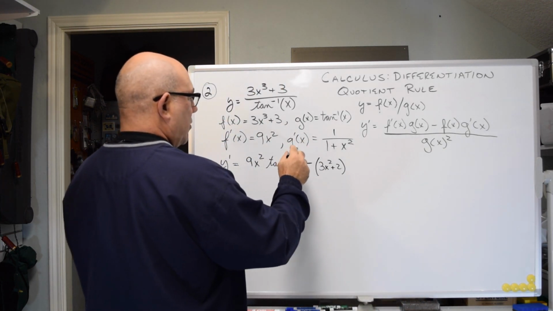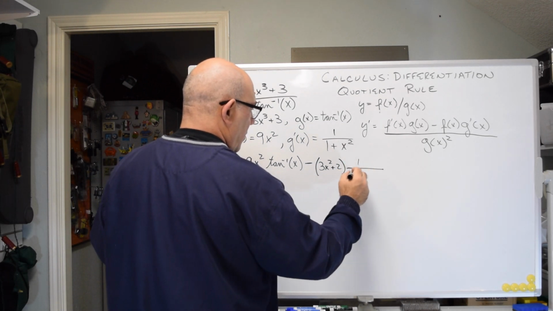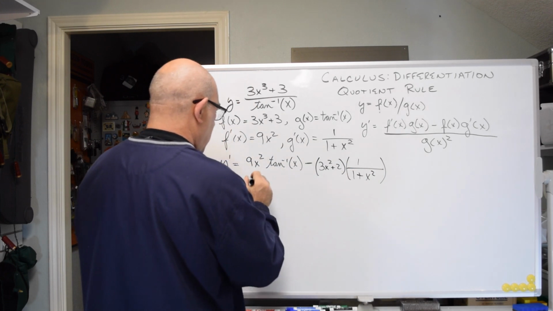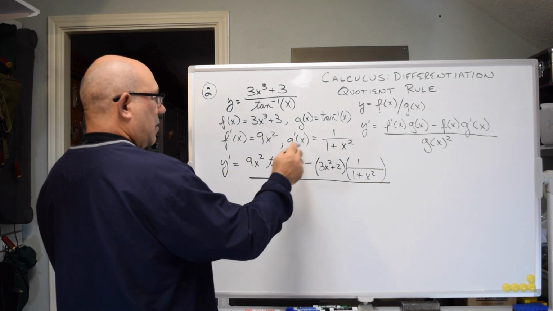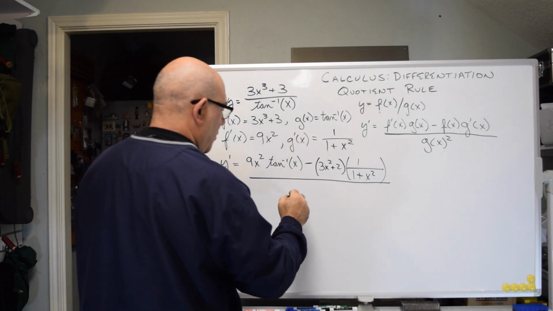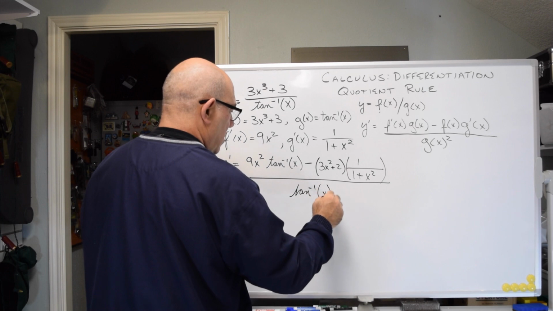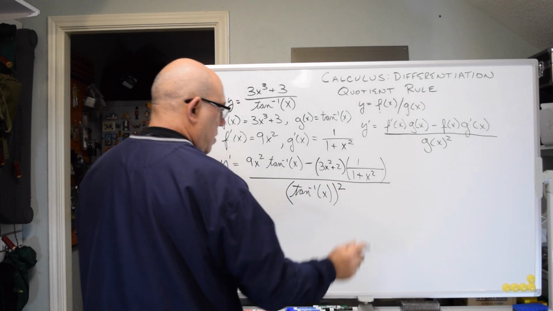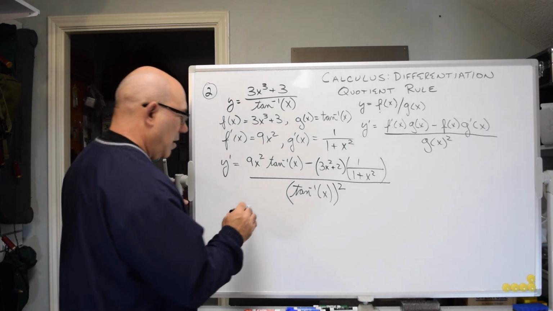Times g prime of x, which is 1 over 1 plus x squared. That's all divided by g of x squared, which is the inverse tangent of x squared. So we can do a little bit of simplification here.